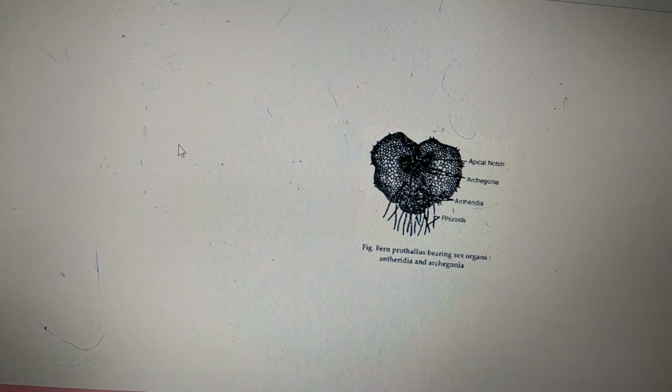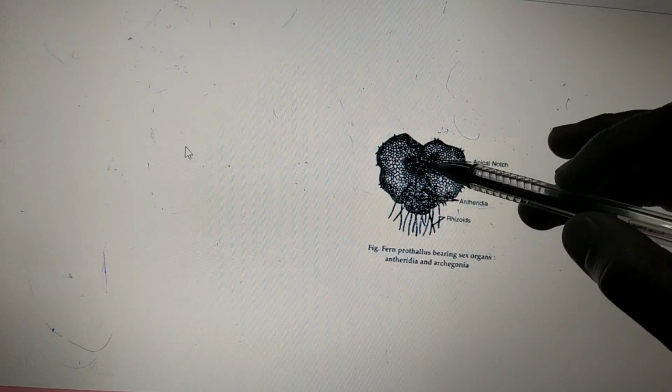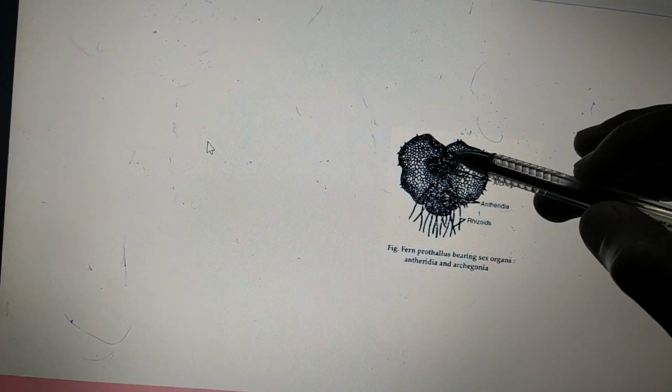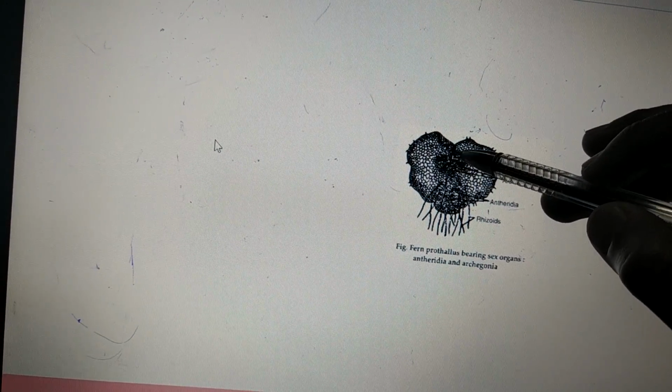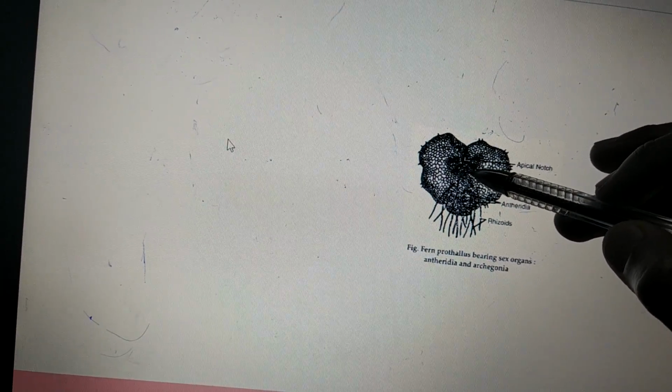Where the rhizoids occur, in between we are going to find the antheridia, that is the male sex organs, whereas the female sex organs are born in the apical notch. These black color dots are nothing but the archegonia. They are born close to the apical notch. Below the archegonia, rhizoids are going to arise. In between these rhizoids, there is a formation of antheridia.